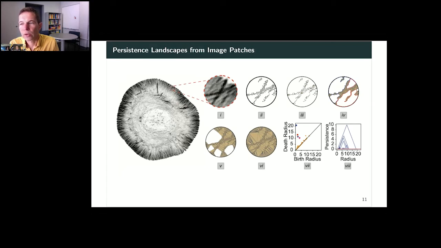So you see here there's 4 representative cycles that pick out 4 of the regions in this patch that pick out this X-shaped structure. And then at the end, we encode this as a persistent landscape, and that gives us a vector representation.